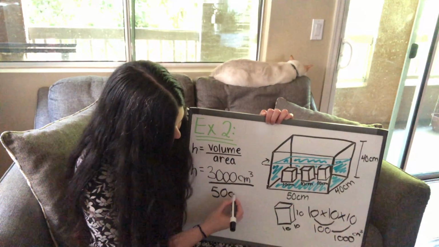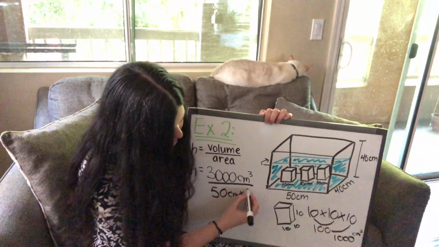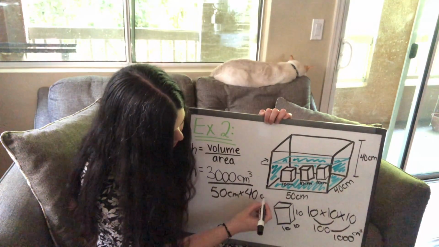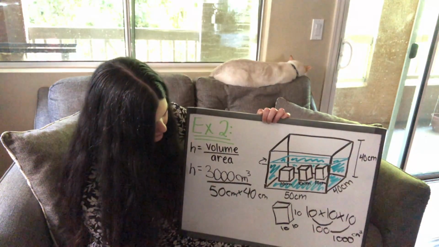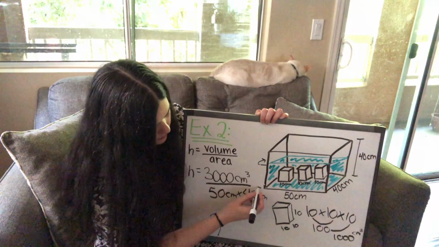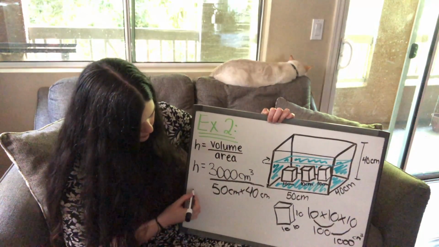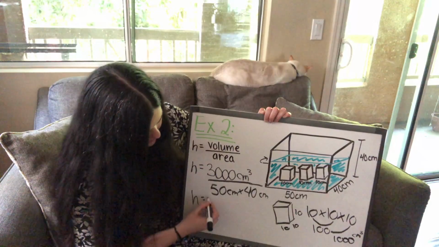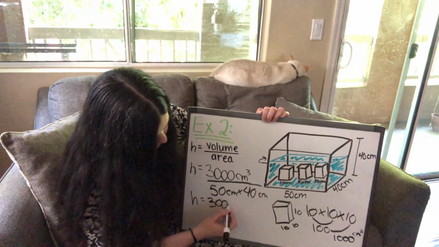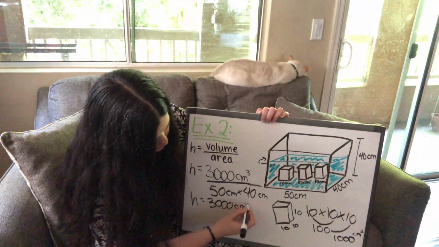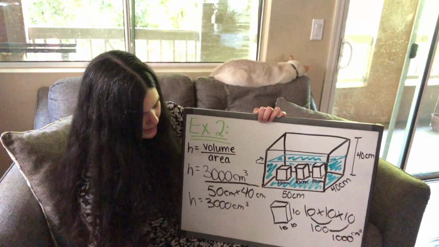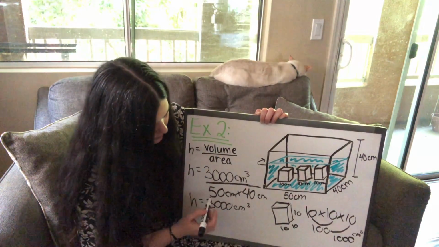So we have 50 centimeters times our 40 centimeters. I'm going to bring down our height equals 3,000 centimeters cubed, and now we can multiply out our area.